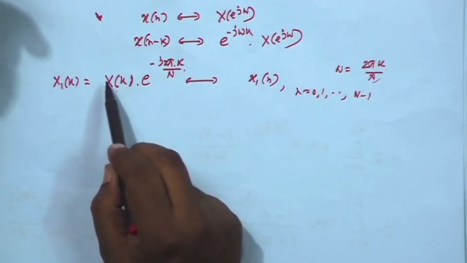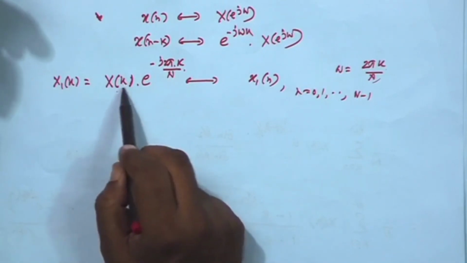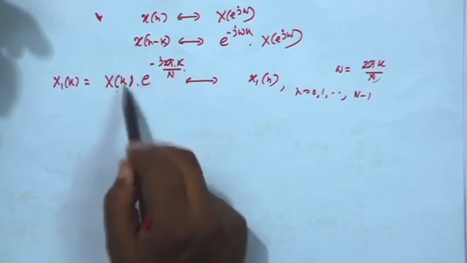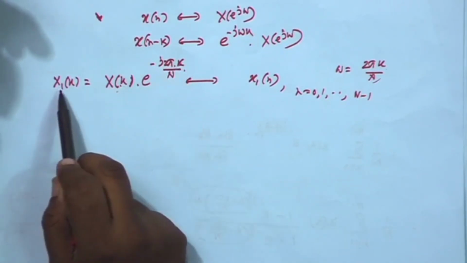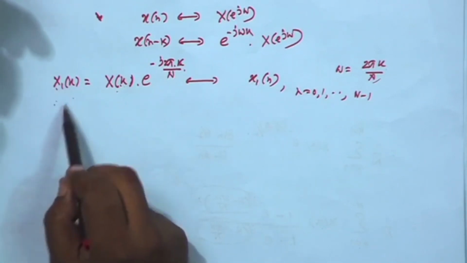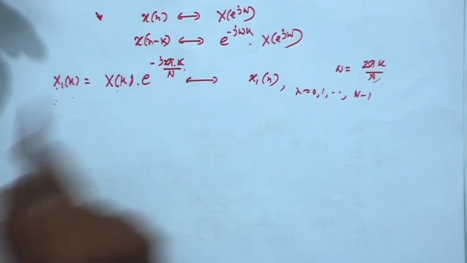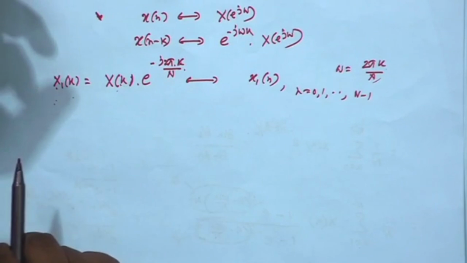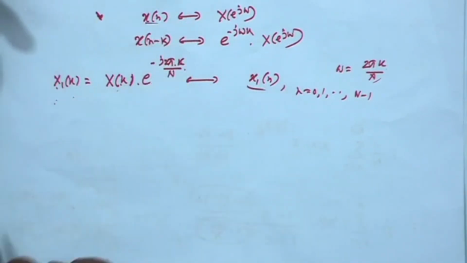So, those DFT values capital X k, k could be 0, k could be 1 up to n minus 1. For any k, I multiply it by a complex factor. The same k I put here, and this whole thing I call x 1 k. So, I have got capital X 1 0, capital X 1 1, capital X 1 2 and so on. Using them I can run the inverse DFT formula and get a new sequence, that will be x 1 n.